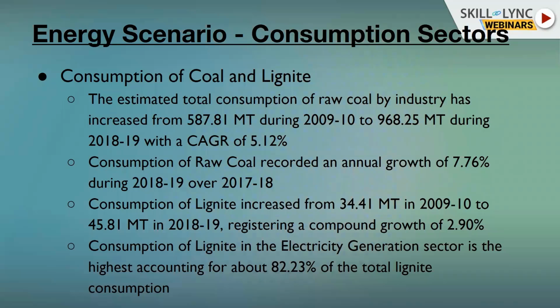And let us come to the next one, that is lignite. It is also the same. Like coal, it is used in thermal power plants for the production of electricity, in order to make heat energy.